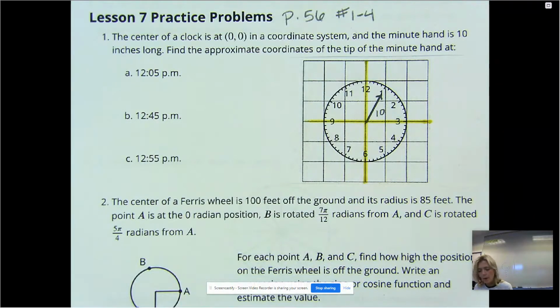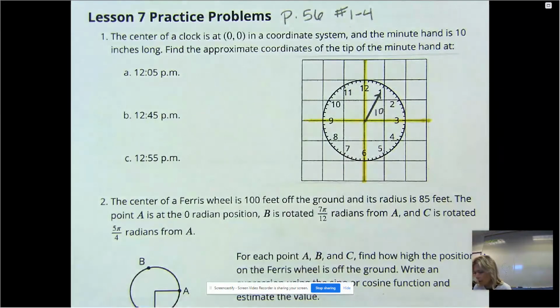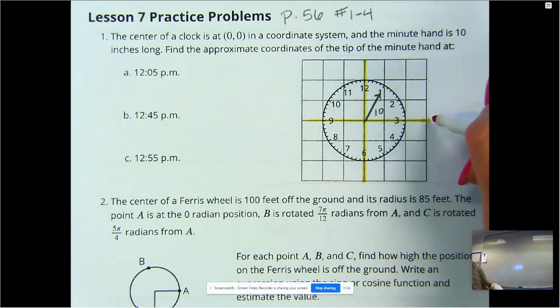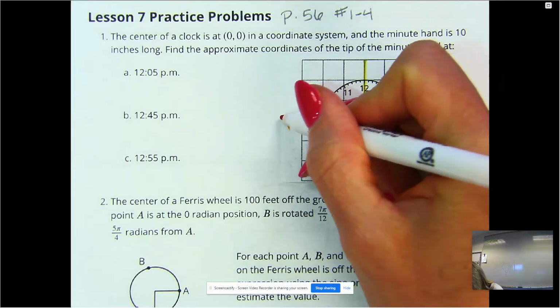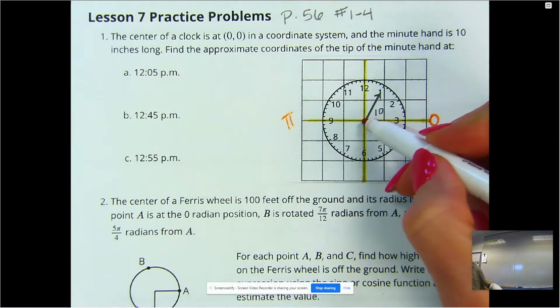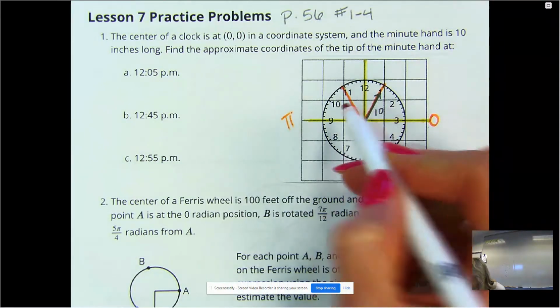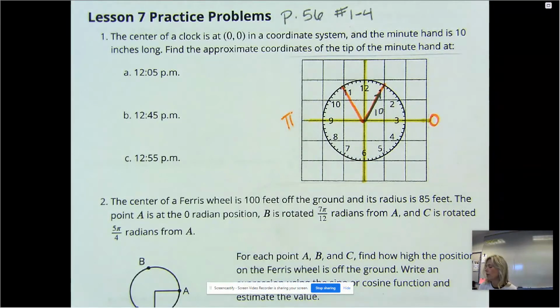And so thinking about how far around the circle this is, from 0 to pi, you can make 1, 2, 3 sections that are the same size.